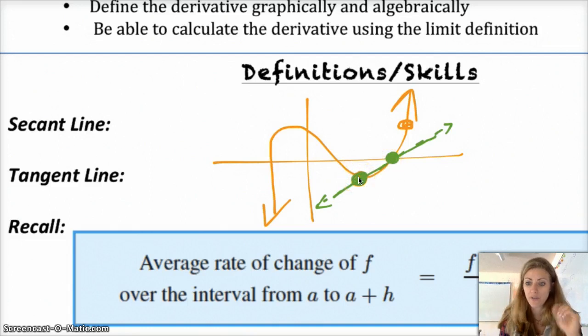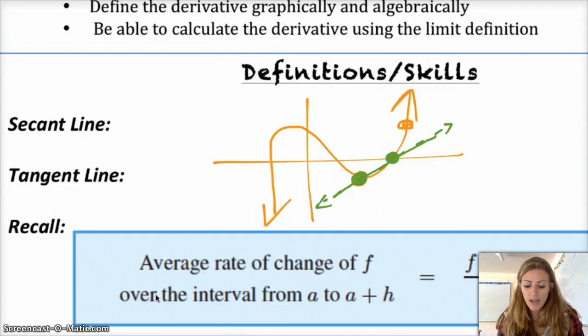In which case you're finding the average rate of change between a dot and itself. So theoretically you're not actually going over anything, so you're dividing by 0, which is not possible, which is why we have limits. It's why we have derivatives, because a lot of times we're interested in the slope of the curve at a specific point. And the slope of the tangent line is that value.